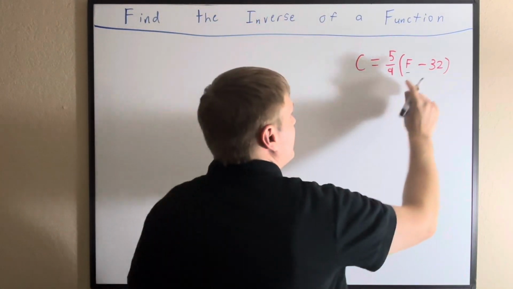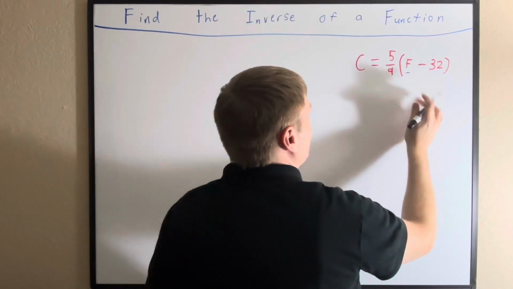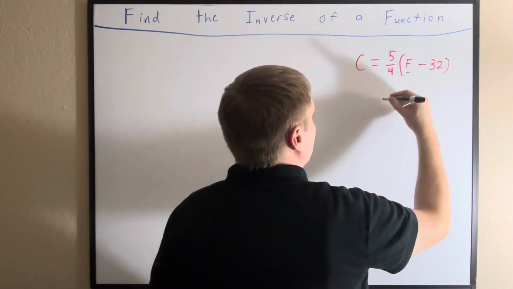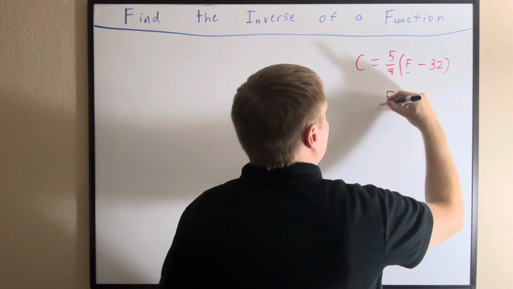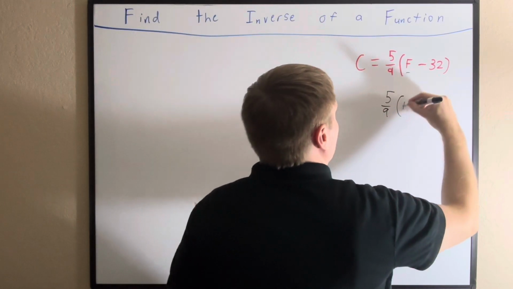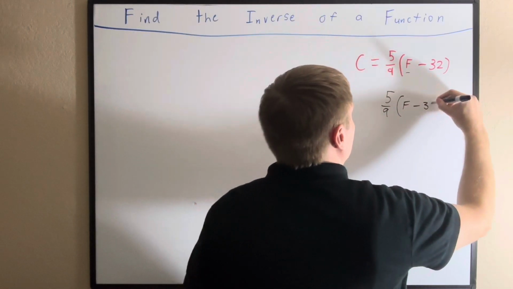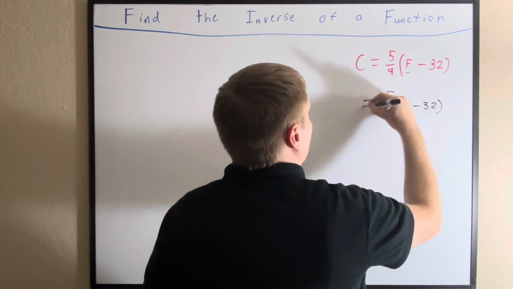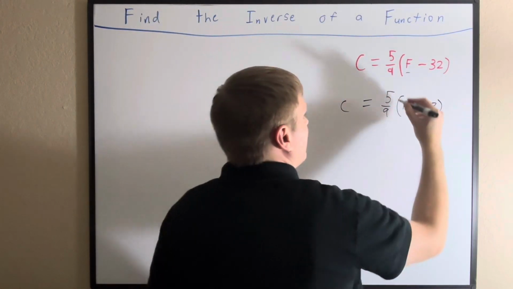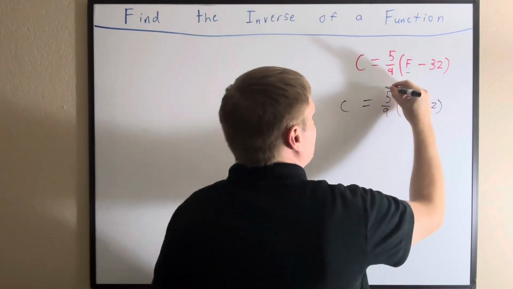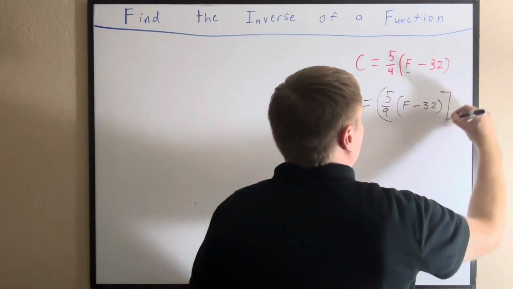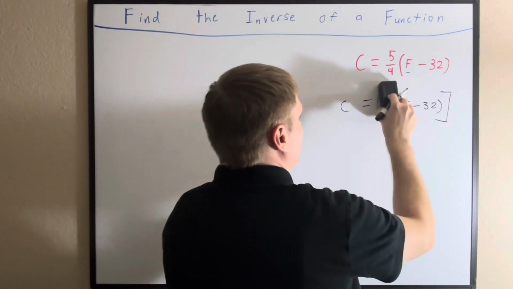Okay? So, what do we do first? Well, we got to get rid of this 5/9, right? So, let me rewrite it again. In order to get rid of the 5/9, we have to multiply. Let's use brackets, actually.